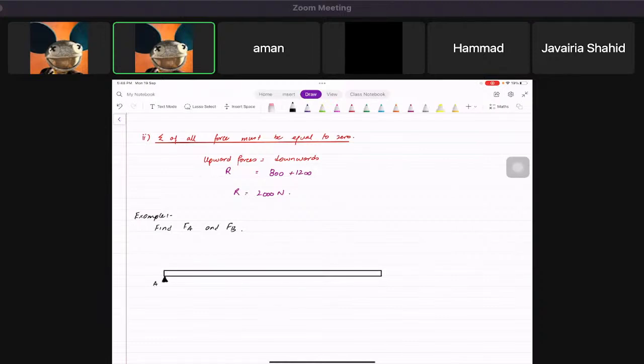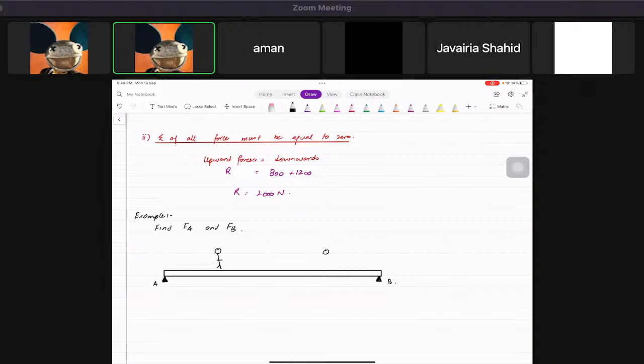Pivot A and pivot B. There's one person right here and one person right here. And then they have their own forces, like this one has 1200 newtons. The plank has its own weight, which is 800 newton, and this person has 700.